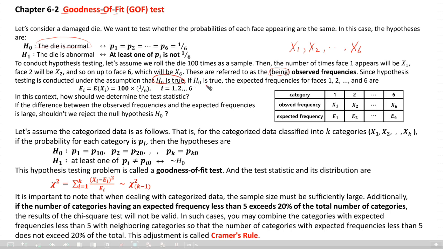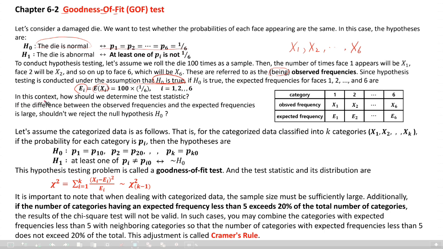If H0 is true, the expected frequencies for faces 1 to 6, the expectation value of Xi, say Ei, is 100 times 1/6, for i from 1 to 6.